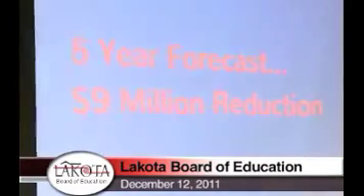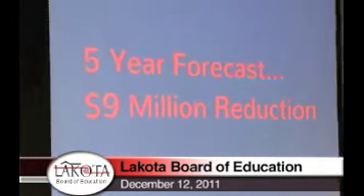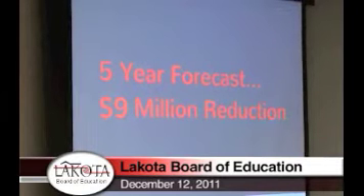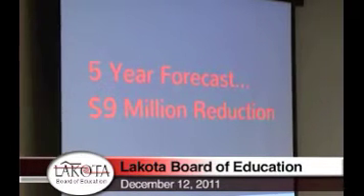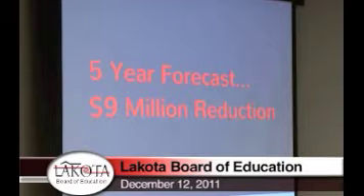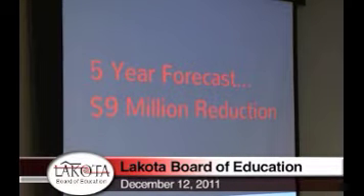Next year, we are looking at the first year without any additional revenue, which would be 2012 and 13, to reduce $9 million. Thereafter, without any additional revenue, there would be further reductions, but we're only going to deal right now with next year's reductions.